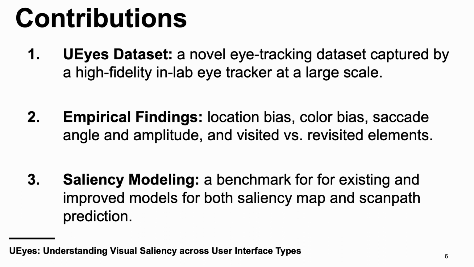Based on the collected data, we systematically compared user viewing behaviors and analyzed the dataset regarding different factors. We then further compared existing predictive models for saliency maps and scan paths on how well they perform across the UI types, and made improvements to existing models informed by our data.